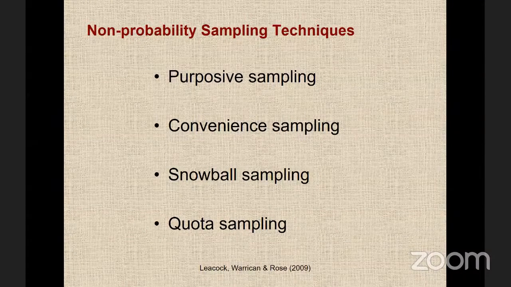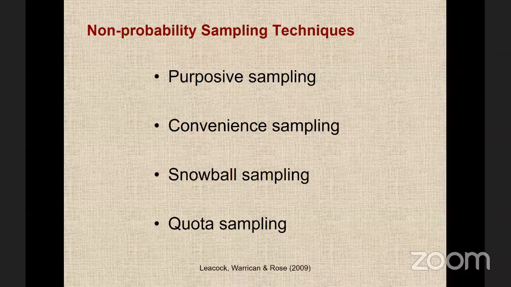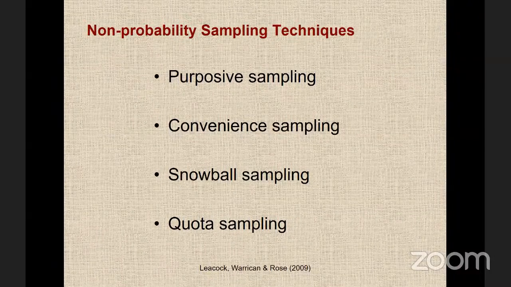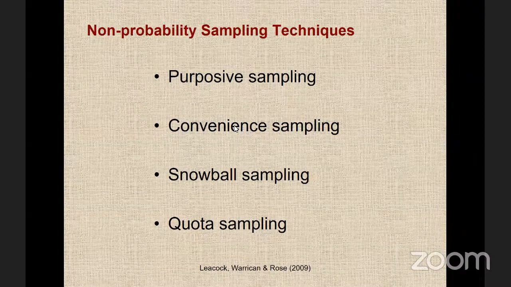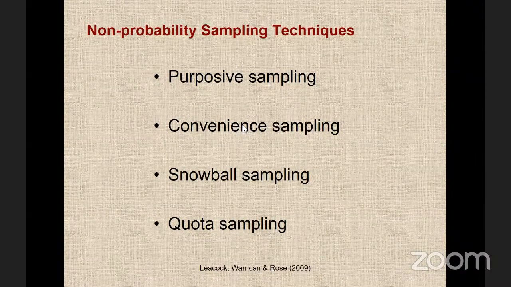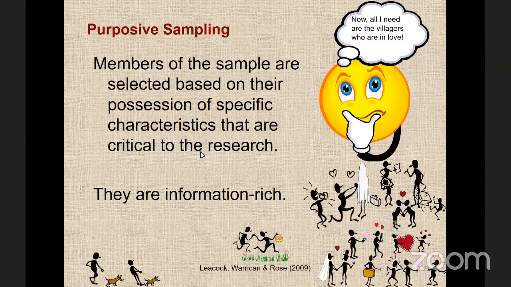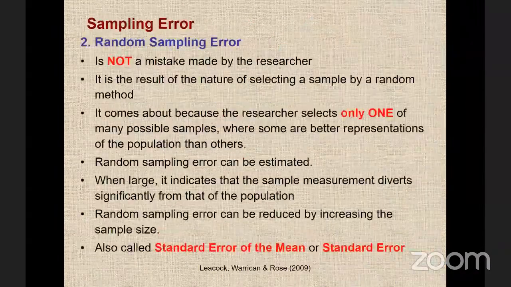There's a whole complicated method to do it properly, but if you want the thing right away and you've got permission, you just quota it. And then convenience is only for when these others don't make sense. Convenience sampling is not the best option. It's what's left when you can't do any better. You really should have an argument for why you're not doing even one of these, why you're doing convenience. But anyway, that's just me, and that's what the rest of this is.